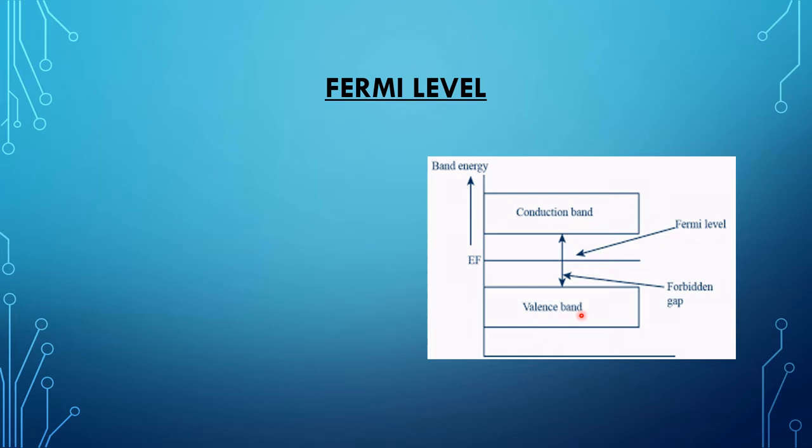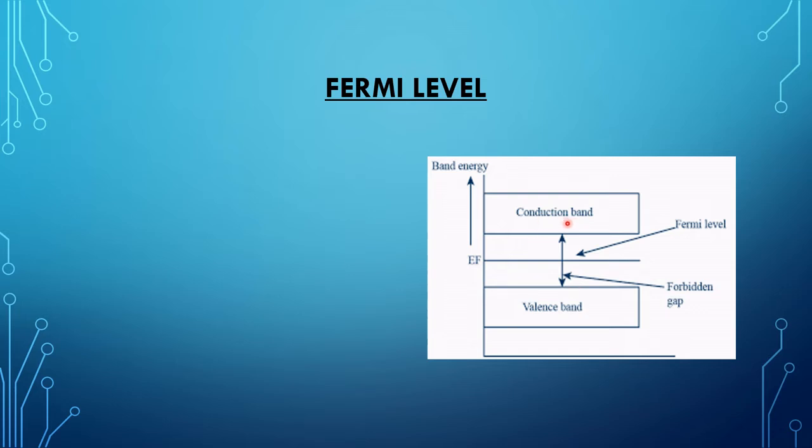In this condition, the Fermi level, which is defined by EF, is the highest occupied energy level at T equal to 0 Kelvin, which lies in the middle of the band gap for a pure semiconductor.